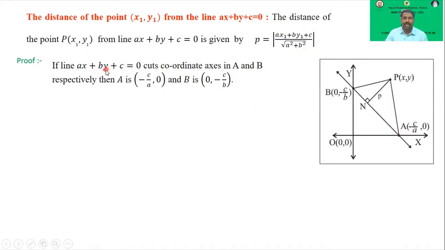Put y = 0, and you will get the x-intercept, which is -c/a. Then put x = 0, and you will get the y-intercept, -c/b.